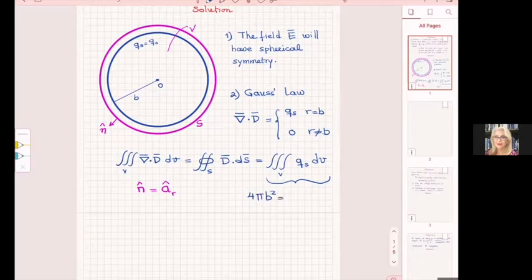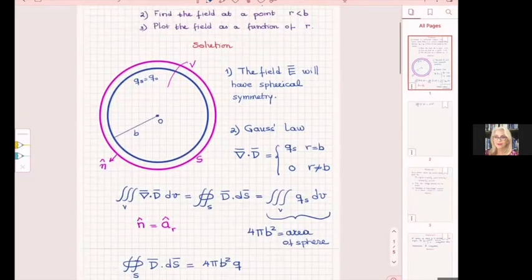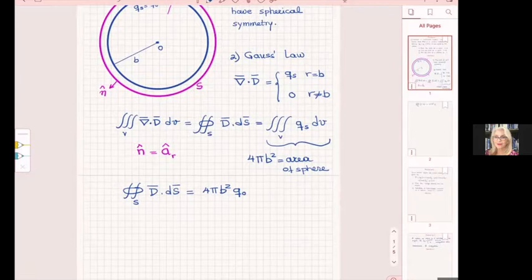That's the area of a sphere. Therefore, what we have is that the closed surface integral of D dot dS equals 4π b squared Q sub S, which we called Q naught. Okay. So now we found that relationship.